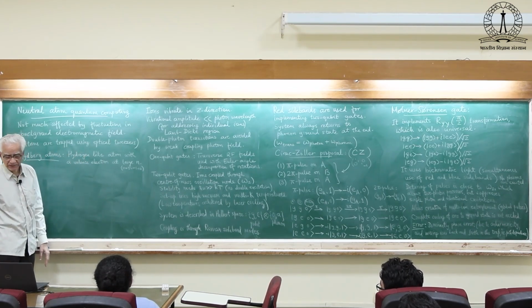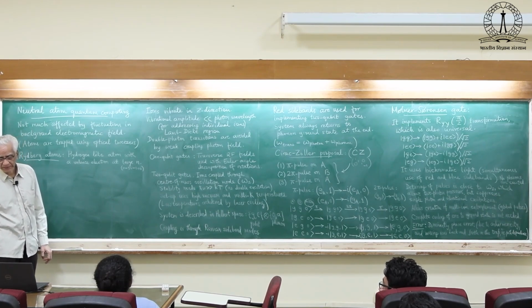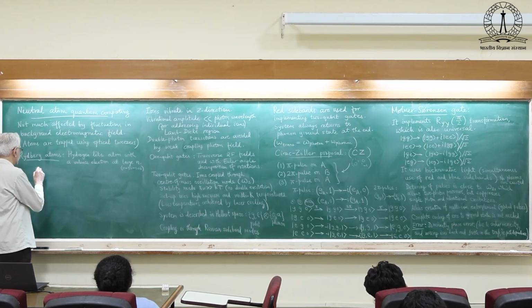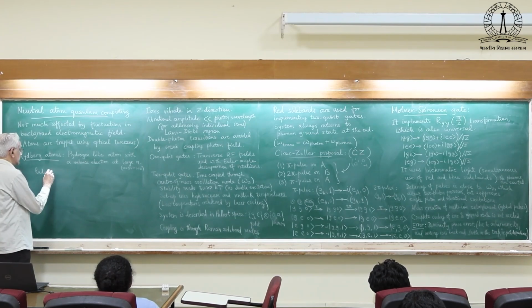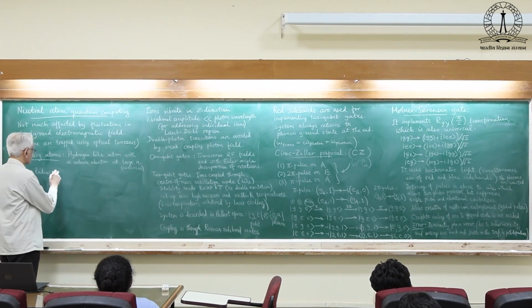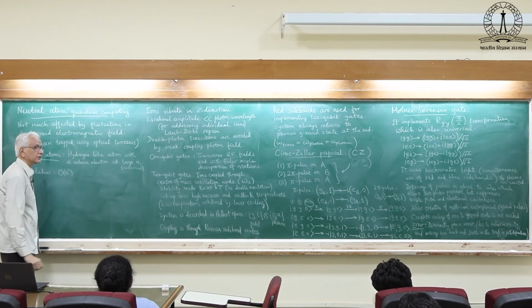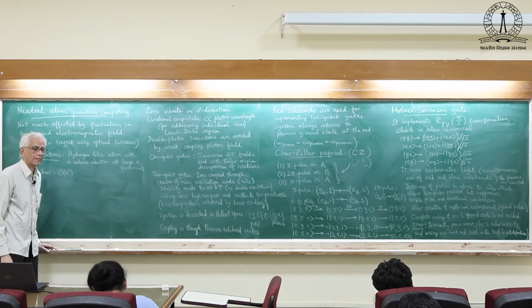That we will come to later. But what are the properties? So let me just use what is the radius of such an atom. It goes as order n square.